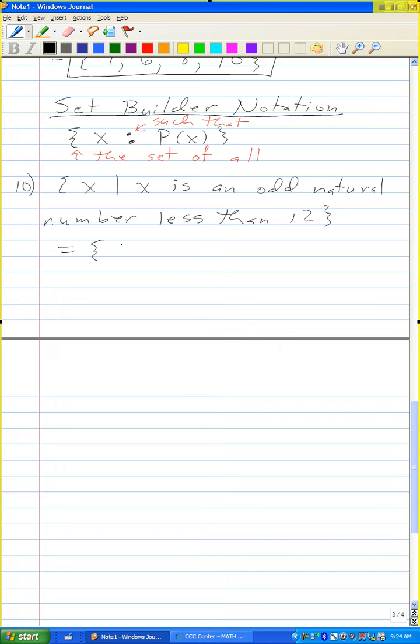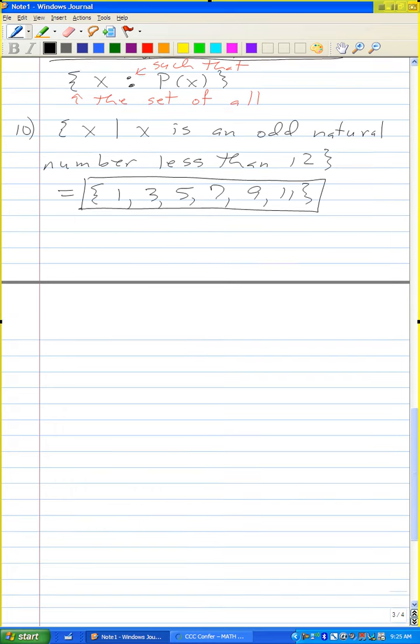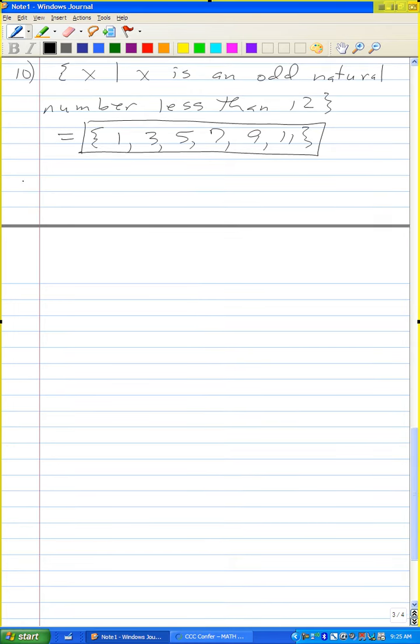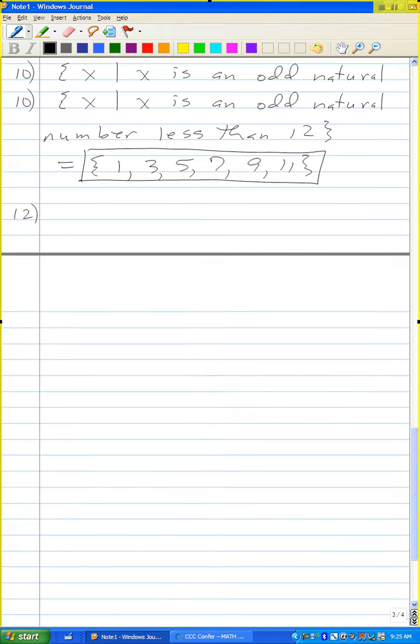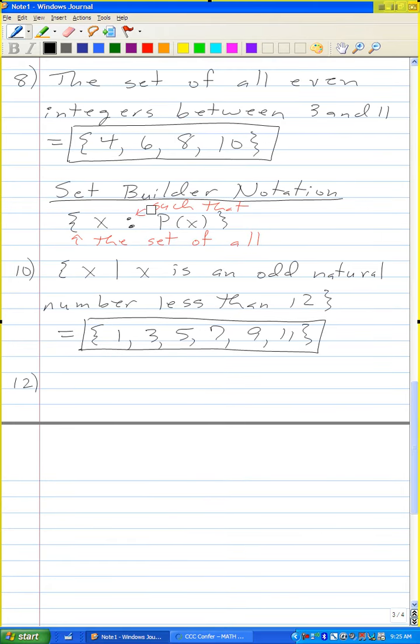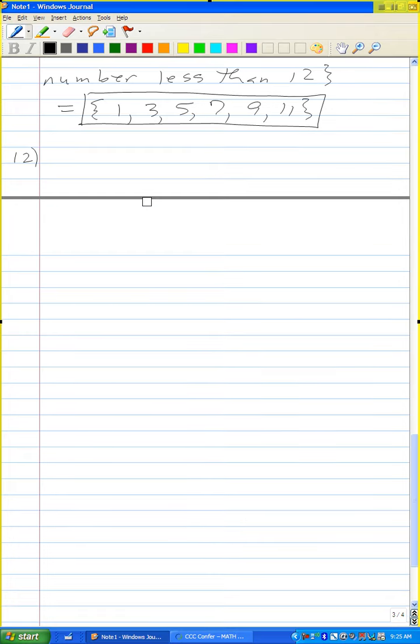So odd natural numbers less than 12: 1, 3, 5, 7, 9, 11 is the set of all odd natural numbers less than 12. Let me do problem number 12. So you can either write it with a colon or this little bar, and they both mean the same thing. And I use them interchangeably.